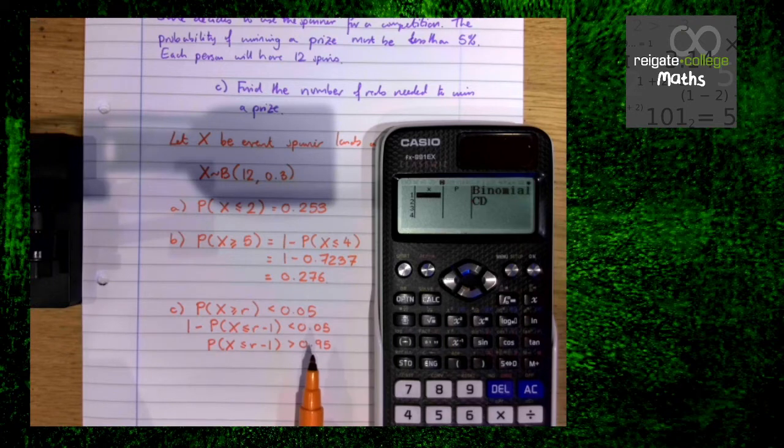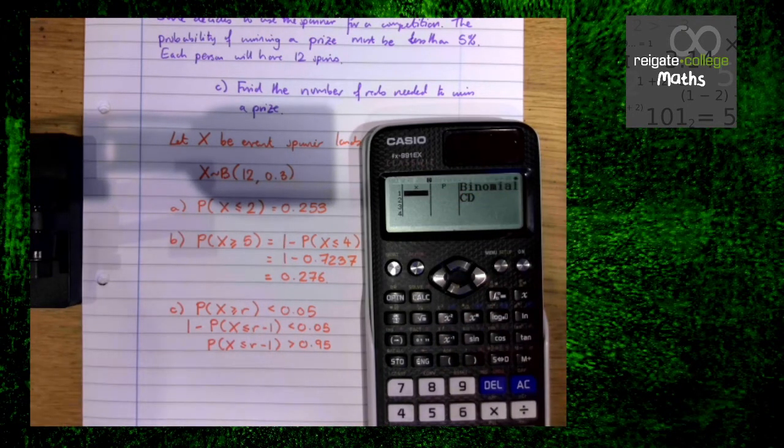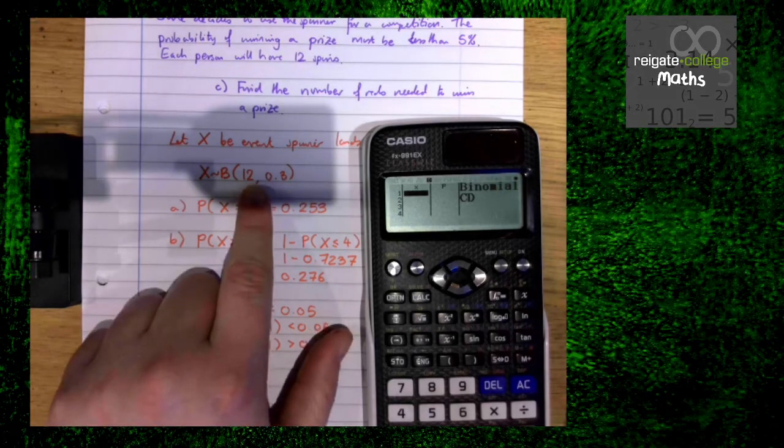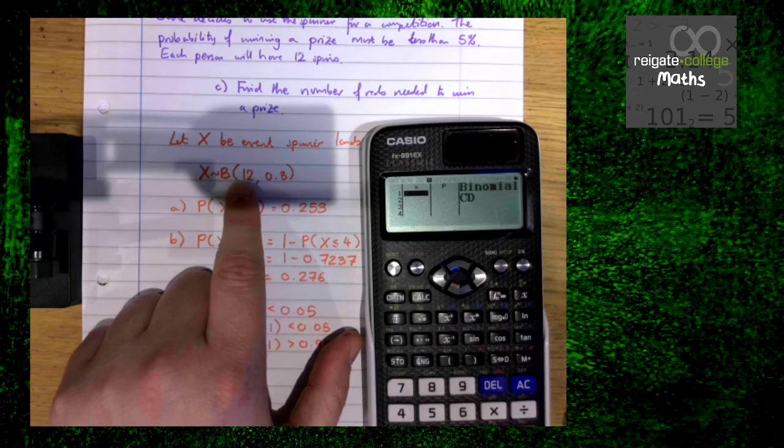So we could just type in 0 through to 12, but that's pointless. We know that the probability of getting less than or equal to 12 will be 1, and the probability of getting less than or equal to 0 is going to be very, very small. So we can be clever with it. We can start by considering the expected number of outcomes, which is what you get when you times these two numbers together.